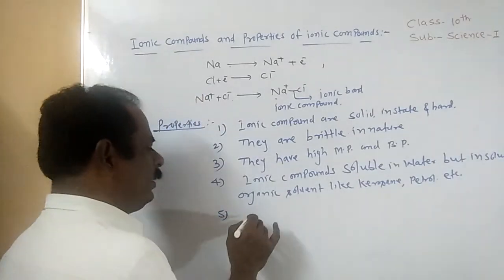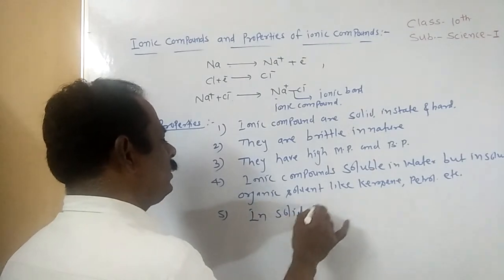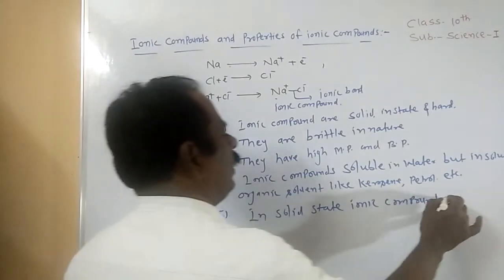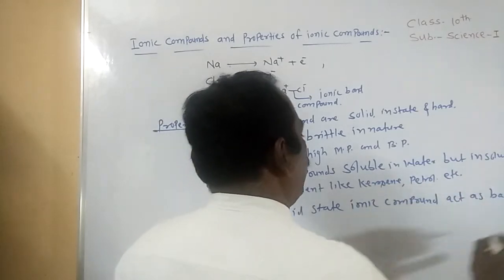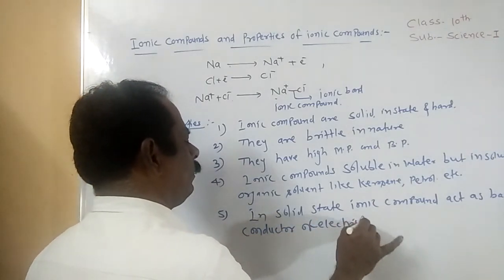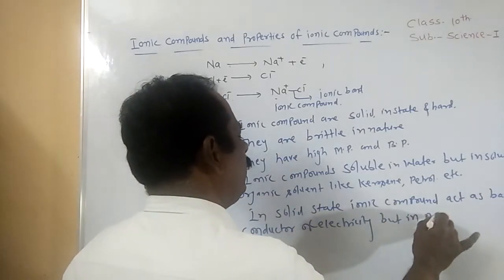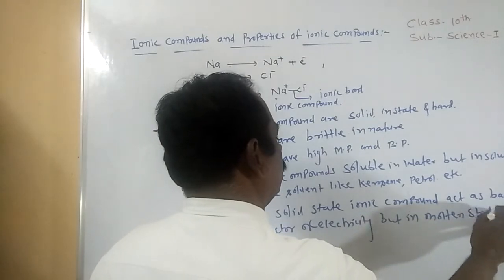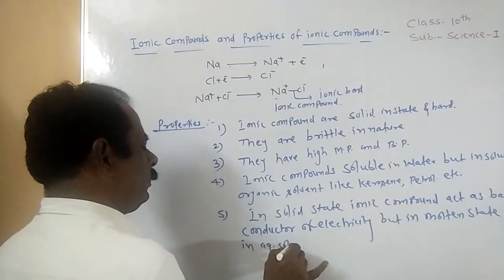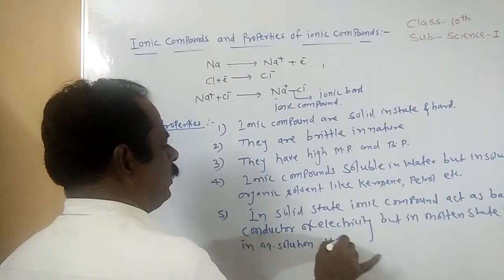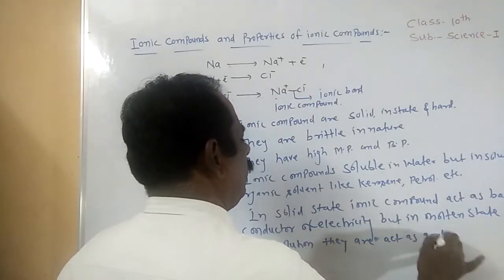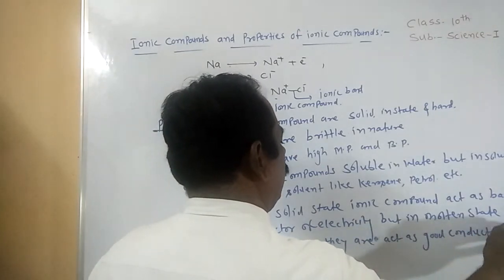It means that in the solid state, an ionic compound acts as a bad conductor of electricity, but in the molten state or in aqueous solution, it acts as a good conductor of electricity.